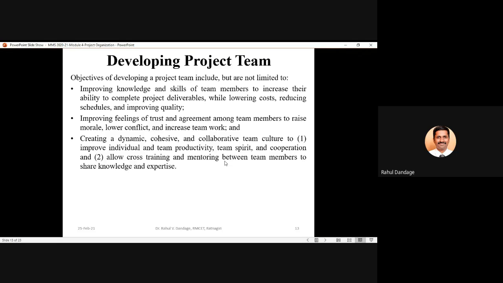So the objective of developing project team is we should be able to create a very dynamic project team. The project team, whenever we say, it should be dynamic. If anything is asked, if anything is required to be performed, immediately the team members will respond and will perform that task.